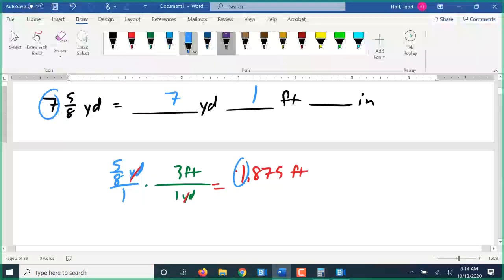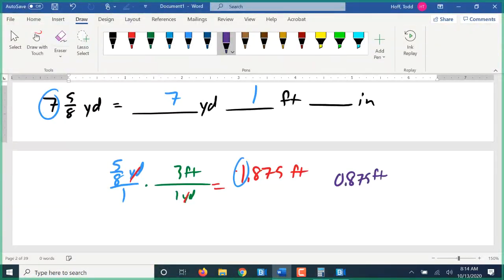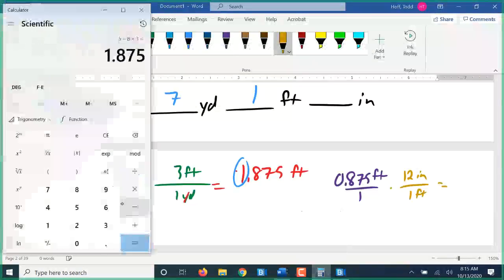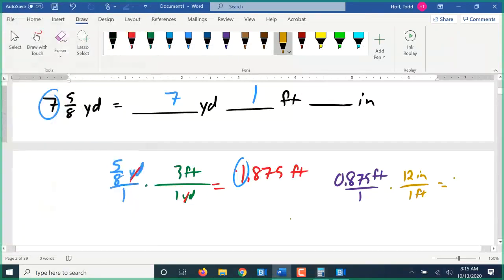And I'm going to do my 0.875 feet into inches. 1 foot is 12 inches. 0.875 times 12 is 10.5 inches. So we've got the 10 whole inches there.